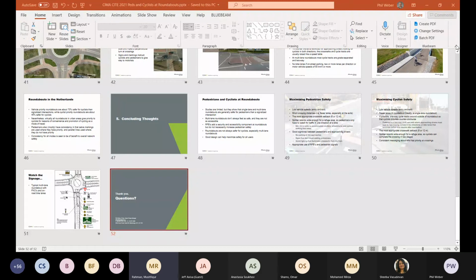And number three, you mentioned vehicle priority roundabouts. Collisions at a vehicle priority roundabout are fewer than at a cyclist priority one, from the statistics. So I don't understand why, because we are providing a lot of priority for the cyclist in the priority design, whereas the vehicle priority roundabout has fewer collisions. Thank you.